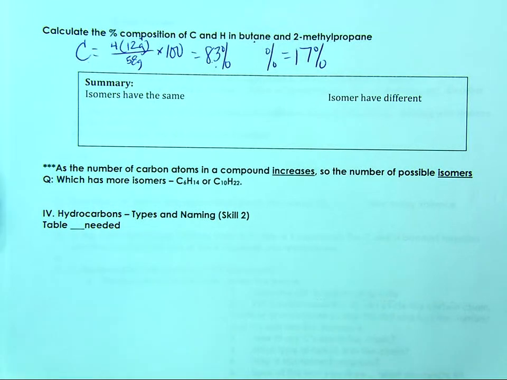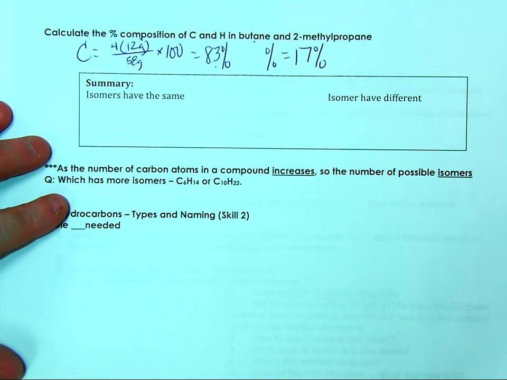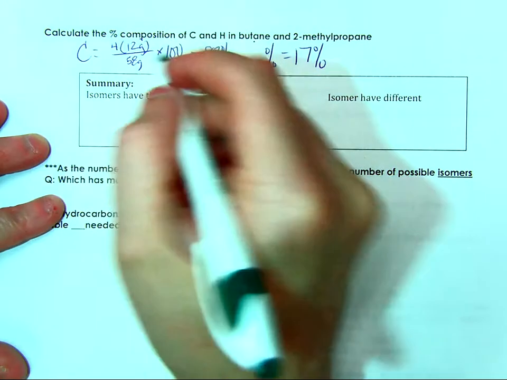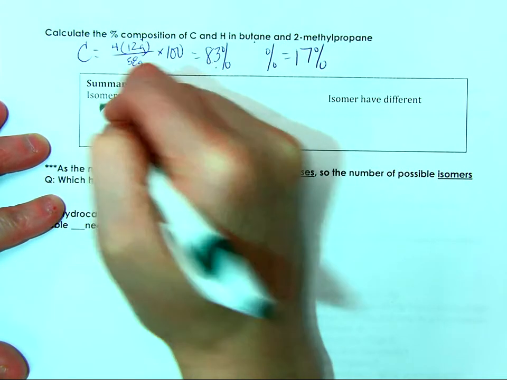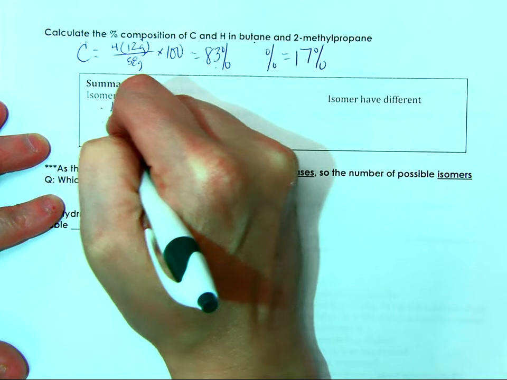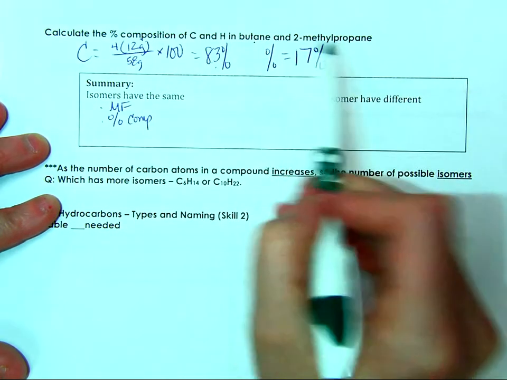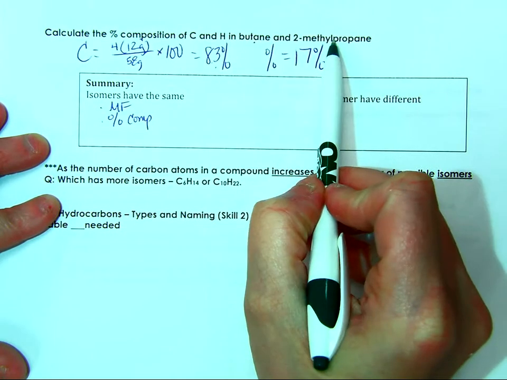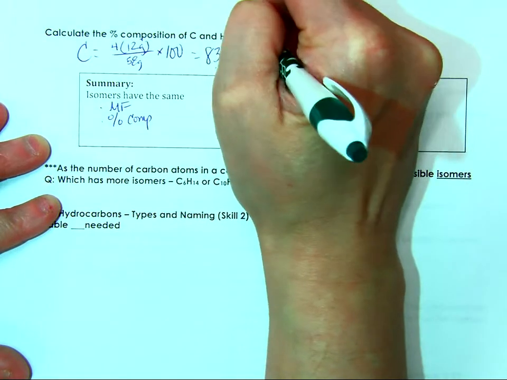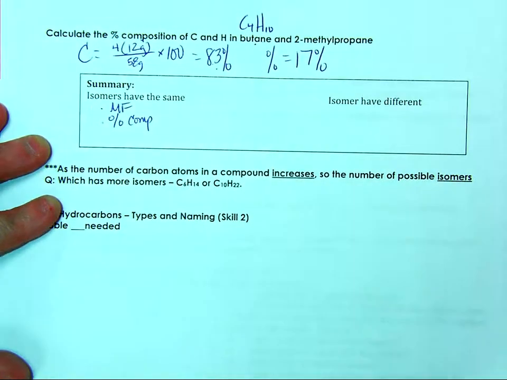We have isomers. Okay? Isomers, again, same parts, different arrangements. So they have the same molecular formula, the same percentage composition, right? Because it doesn't matter if I do butane or 2-methylpropane, it's still C4H10.